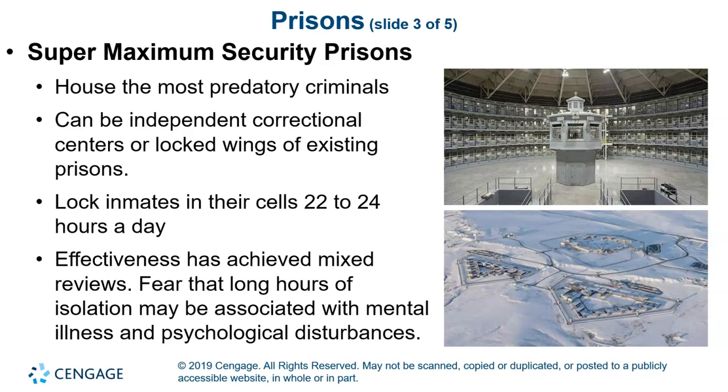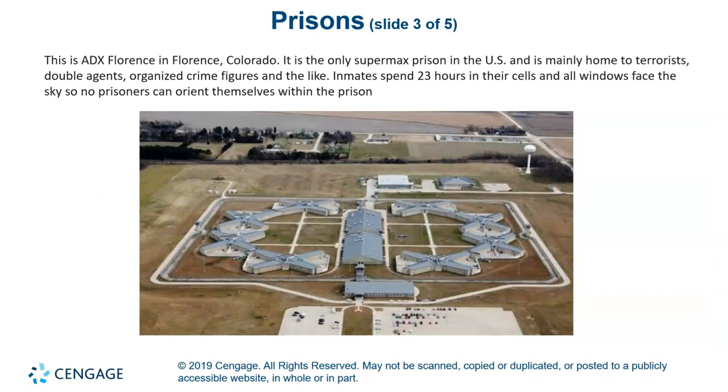The supermax model is based on the assumption that prison disorder is primarily the result of a handful of disruptive, violent inmates, and that if these few can be controlled, the violence level in the entire facility can be reduced. So that's typically what a maximum security prison is.